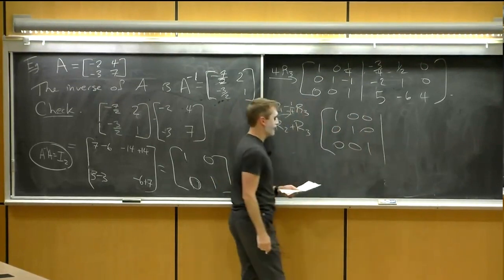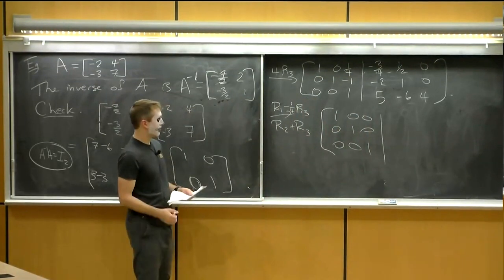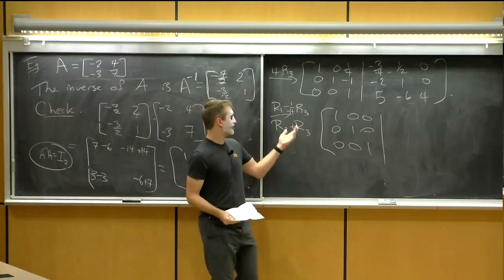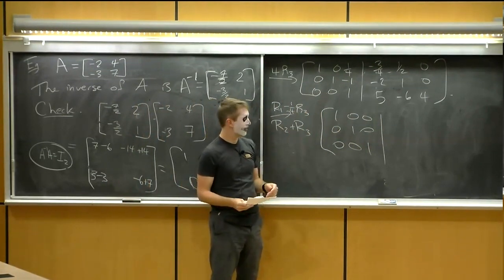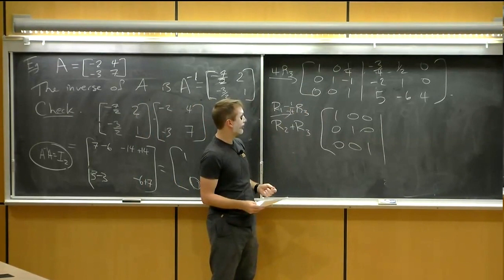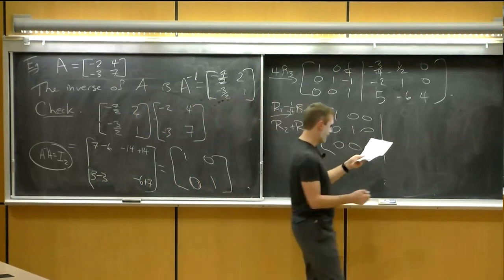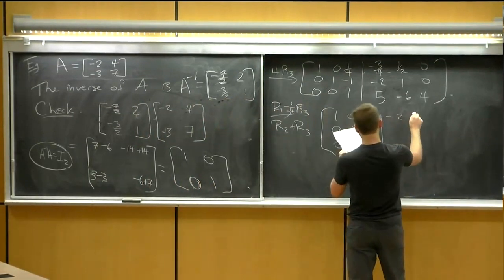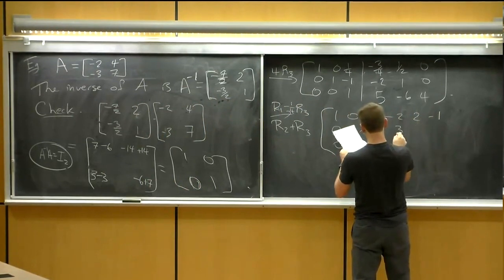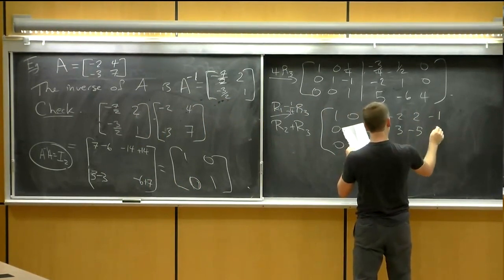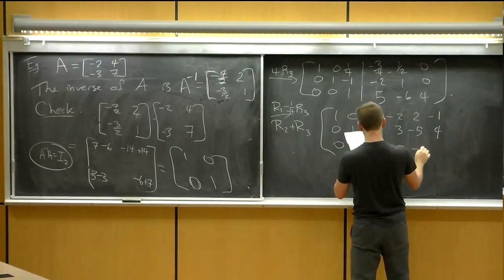So I know what that's going to be, right? Because I'm doing these operations to get the identity. I know it's going to be the identity. Then over here, I've got -2, 2, -1, 3, -5, 4, 5, -6, 4.